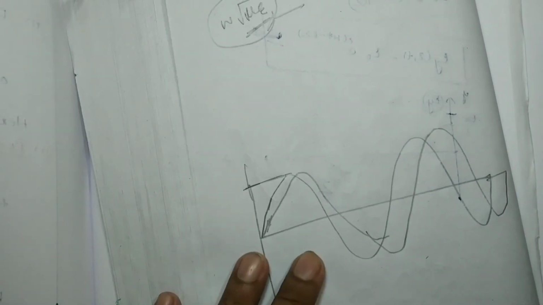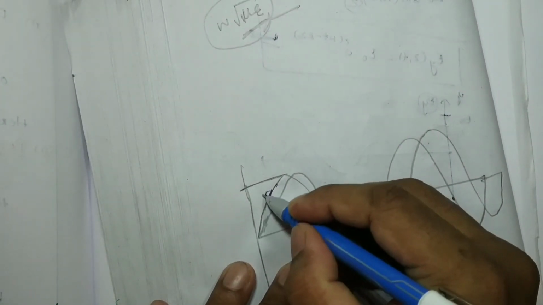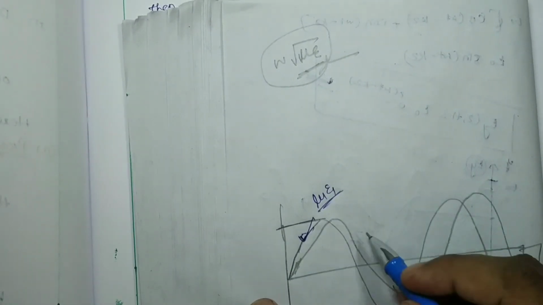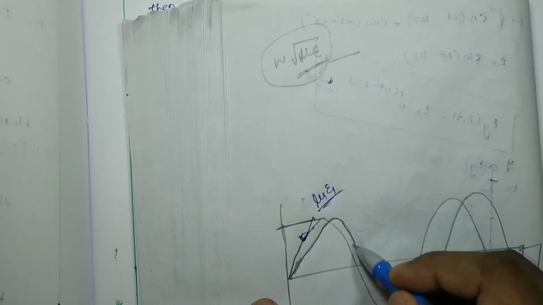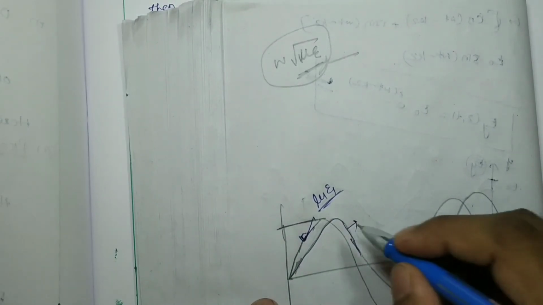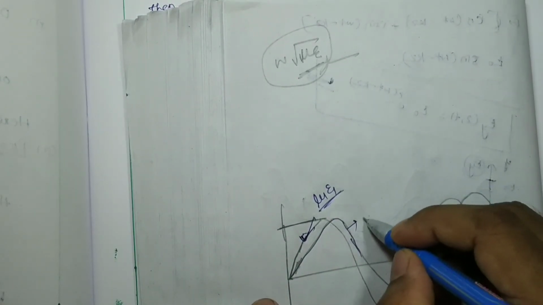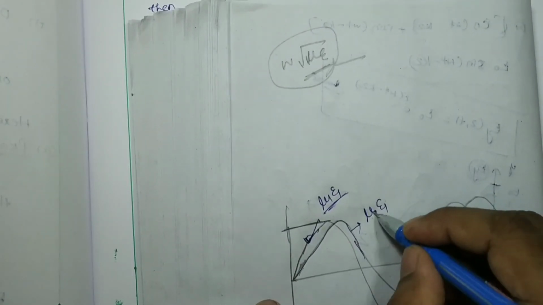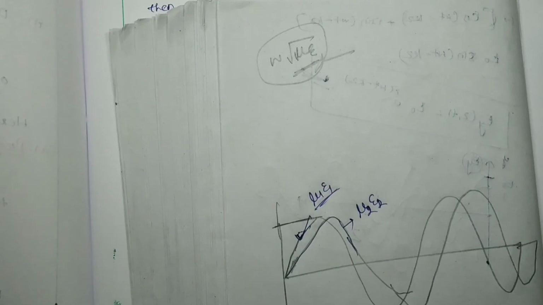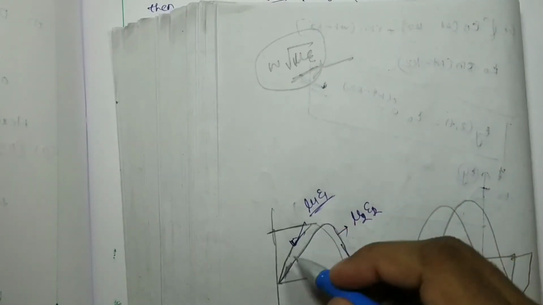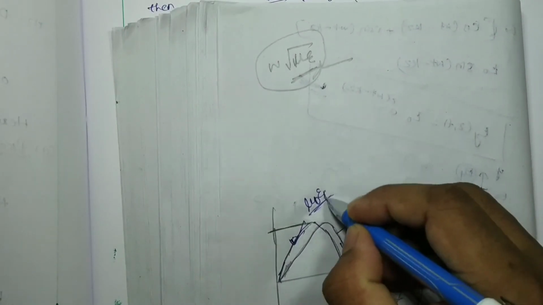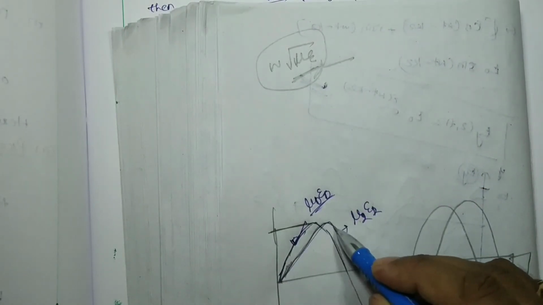This wave is for one medium having mu1 epsilon1, and this wave will be for another medium, mu2 epsilon2. It is better to say this wave is the representation for free space, and this is for another medium.